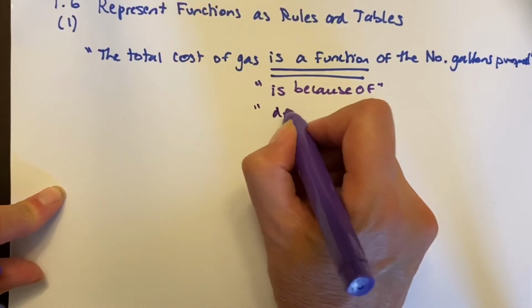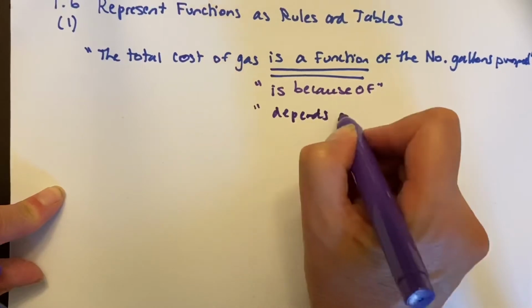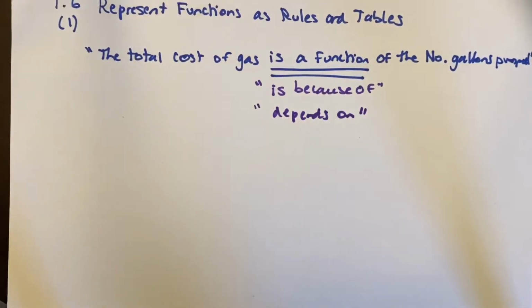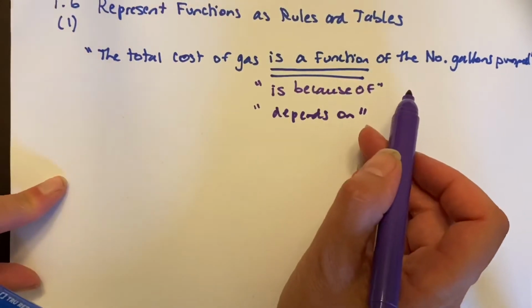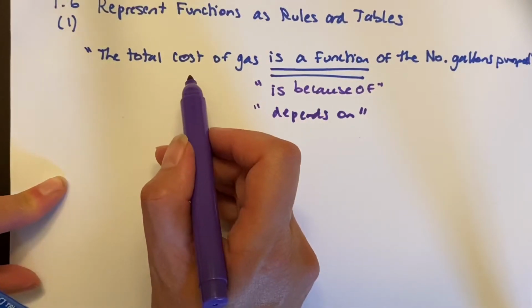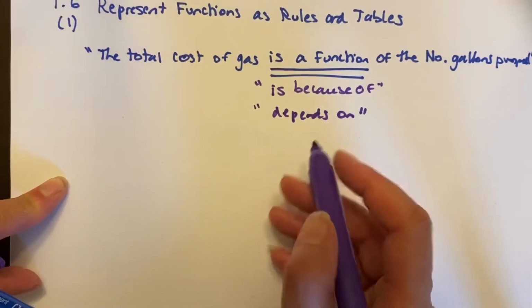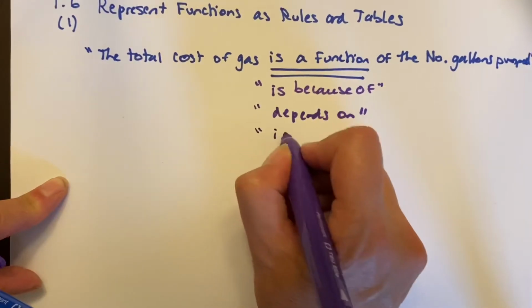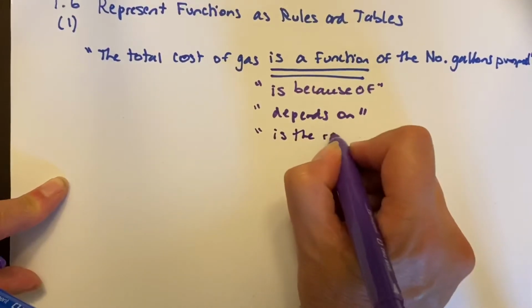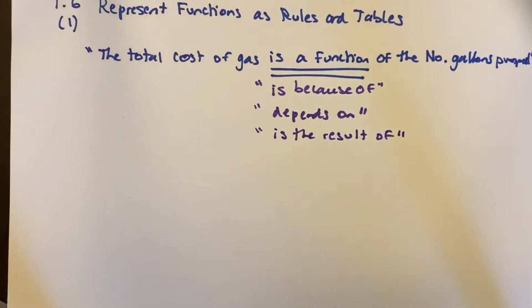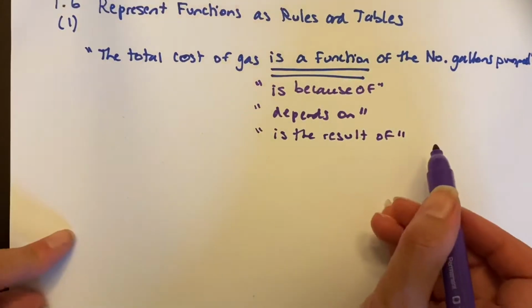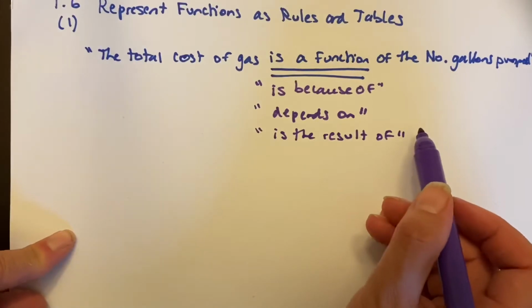It depends on the number of gallons pumped. The total cost is going to depend on how much gas I put in my car. These are all synonyms. Is the result of. The total cost of gas is the result of the number of gallons pumped, right? That makes all the sense.